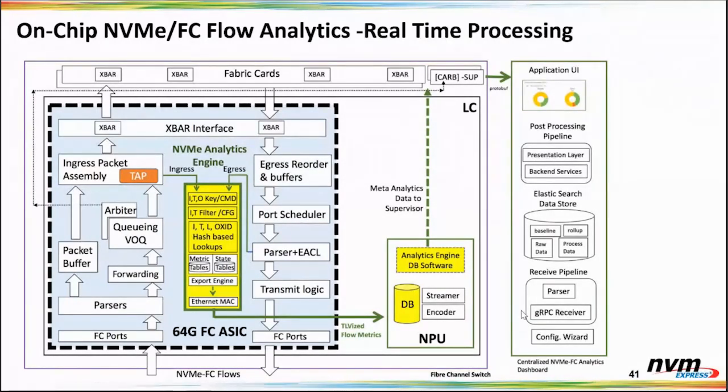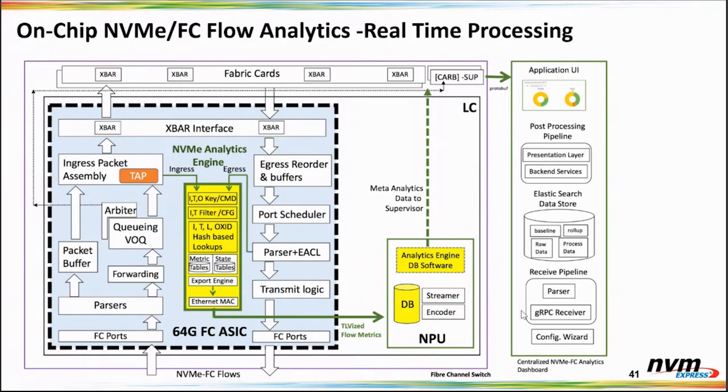I'm showing here NVMe over Fabrics, and I'll take a particular example, NVMe over Fibre Channel. NVMe over PCI gives you flash access to the SSD. NVMe over Fabrics gives you a transport to go over, and Fibre Channel is the transport I'm showing. So within the Fibre Channel fabric, I'm showing you inside of a switch.